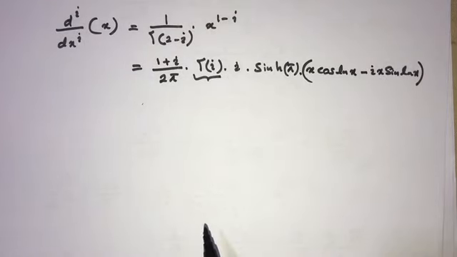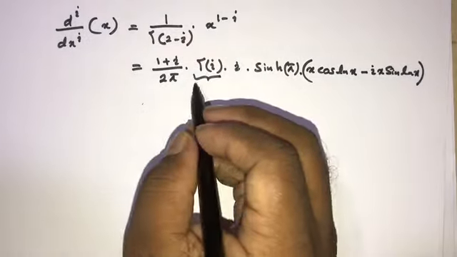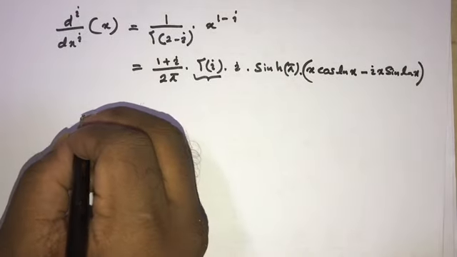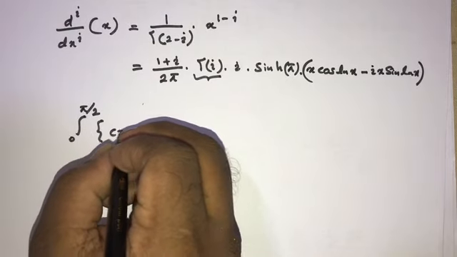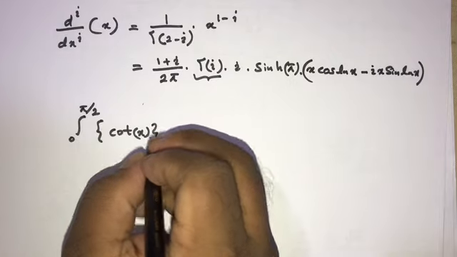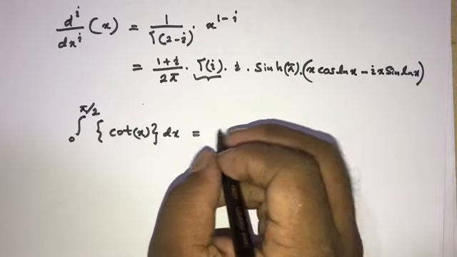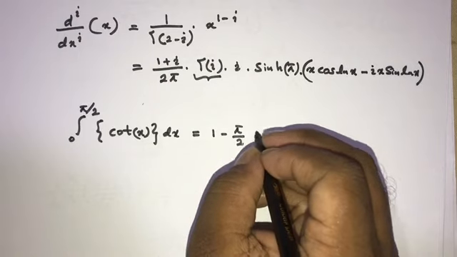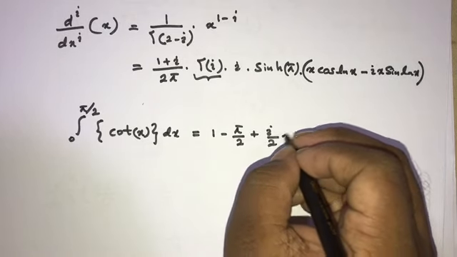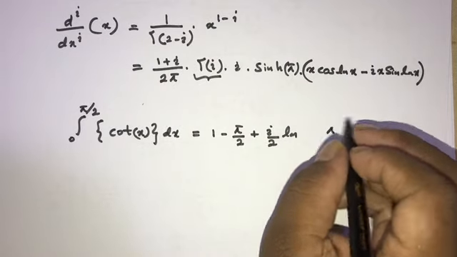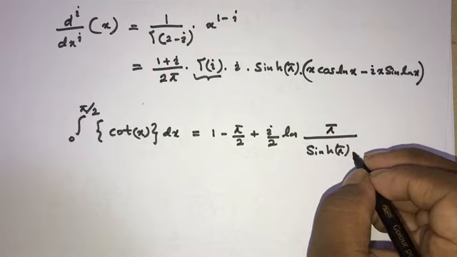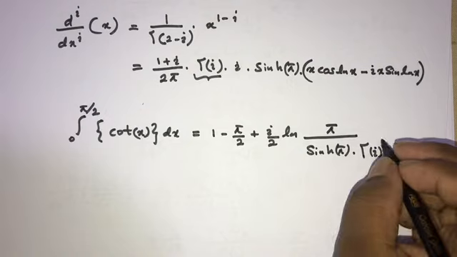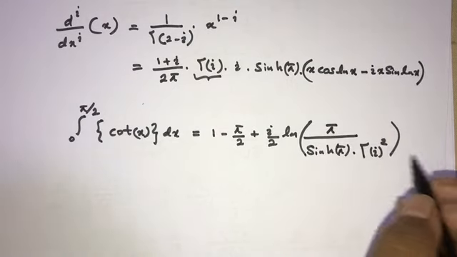How can we evaluate it? You can evaluate gamma of i by this integral: 0 to 5 over 2, fractional part of cot of x dx, 1 minus 5 over 2 plus i over 2 natural log of 5 over hyperbolic sine 5 times gamma of i squared.